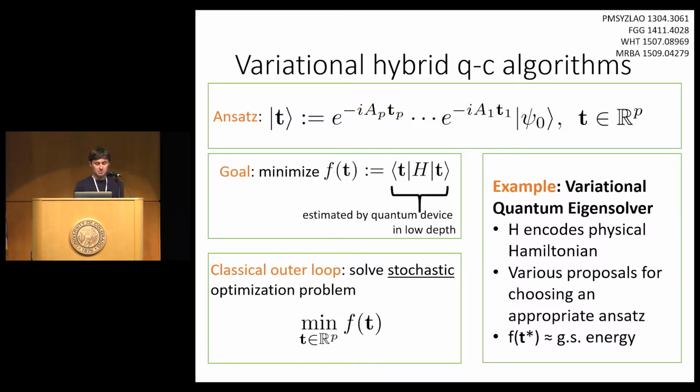Then if we solve the optimization problem, we find a minimizing parameter T star, which describes a minimal energy variational state. And if our ansatz was good, then we approximately learn the ground state energy based on f of t star.